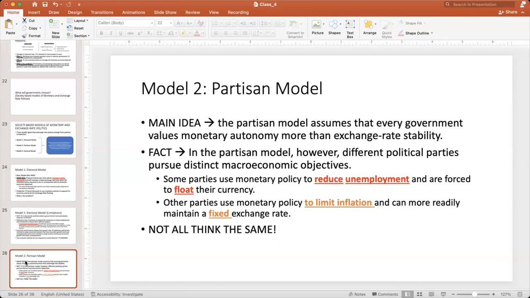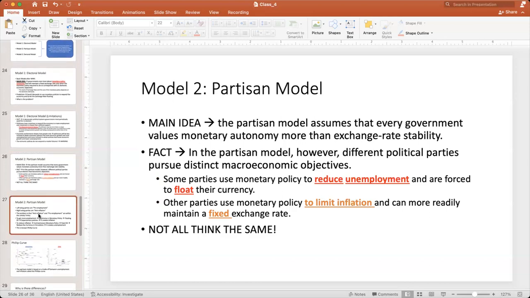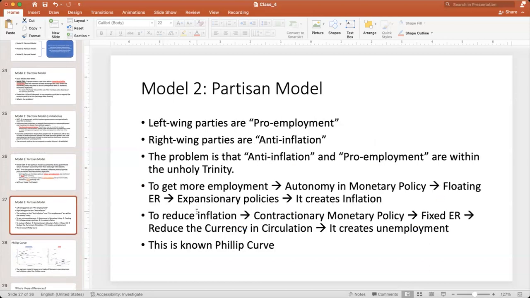But for other parties, monetary policy is used to limit inflation, which means to maintain the fixed exchange rate. Why? Well, because given the change in the electoral laws, workers had a voice.